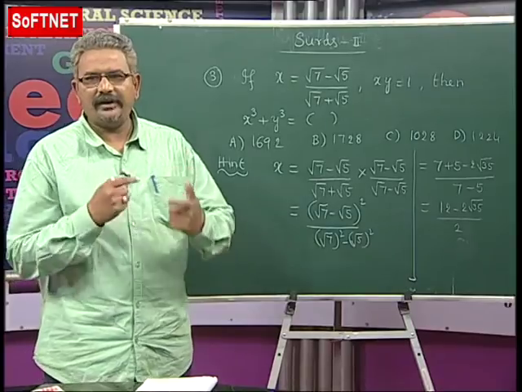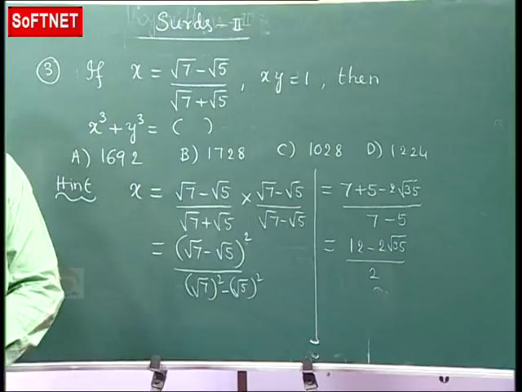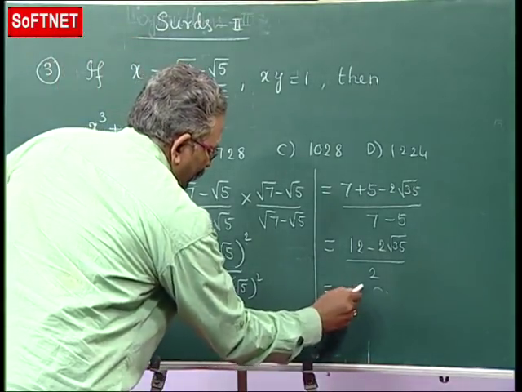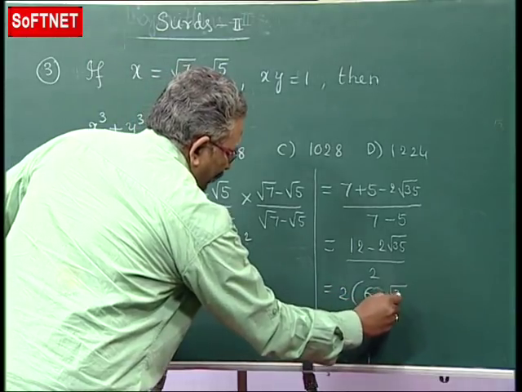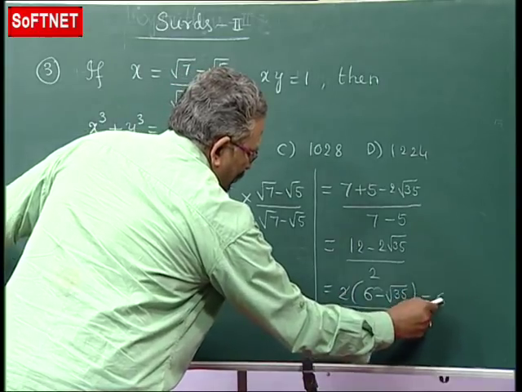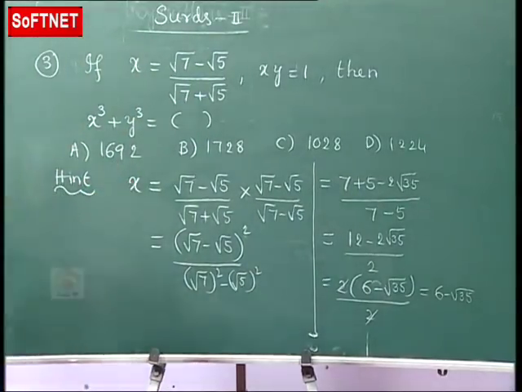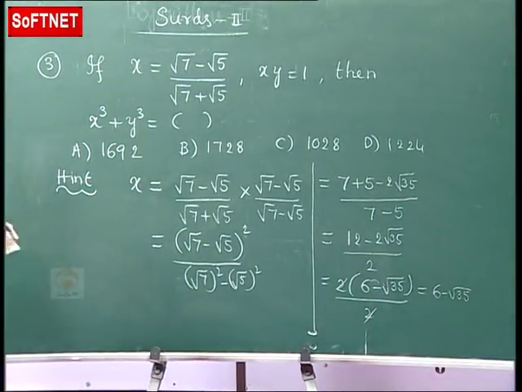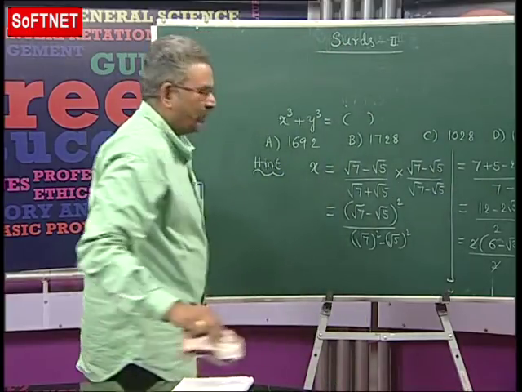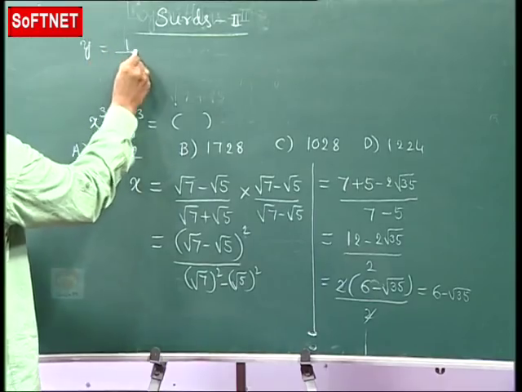Any further simplification, can you do it? Yes. From 12 minus 2 root 35, take out 2 common. If you take out 2 common, we get 6 minus root 35 by 2. So that is 6 minus root 35. This is the value of x. Okay. Now as xy is 1 given, y is equal to 1 by x.